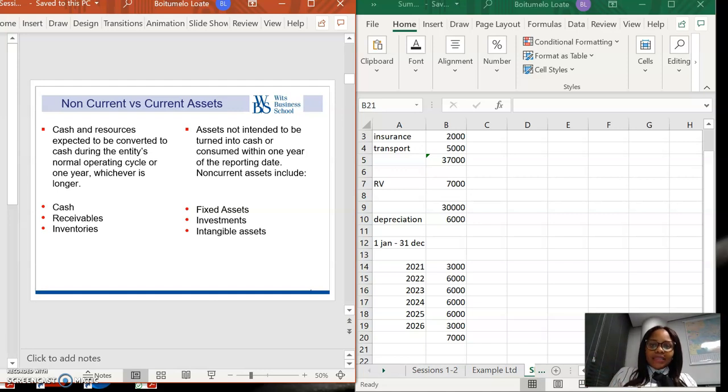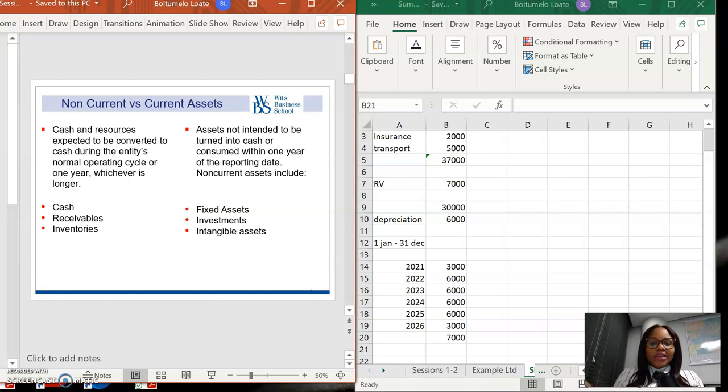These current assets, for example, are referred to as either cash and cash equivalents. You can have this under your current assets section. You can either have accounts receivables or trade and other receivables. And also your inventory balance will be reflected as current.